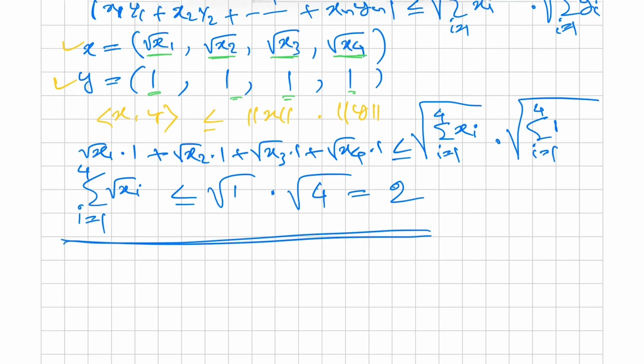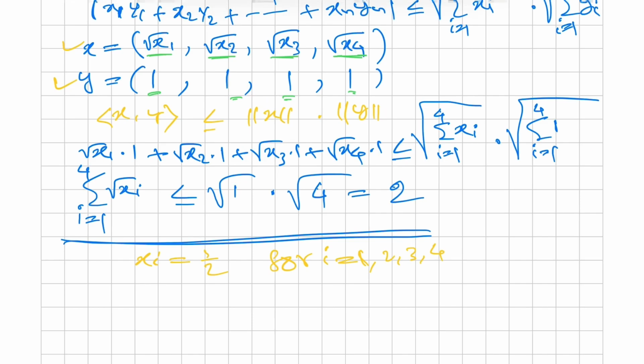But the question is, do we actually achieve the value 2? For which values of xi's do we get 2? All xi's must be 1/4, for i equals 1, 2, 3 and 4.